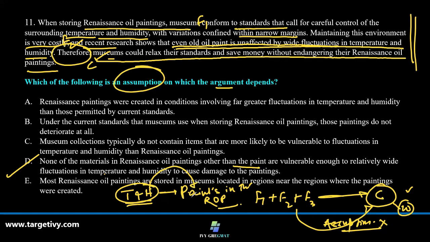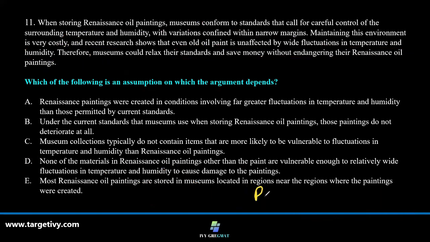So if there are other chemicals also in the oil paintings, what option D is saying is none of the materials in the oil painting other than the paint are vulnerable. Say a given paint is made of substances X, Y and Z, and it is found that X is not affected.